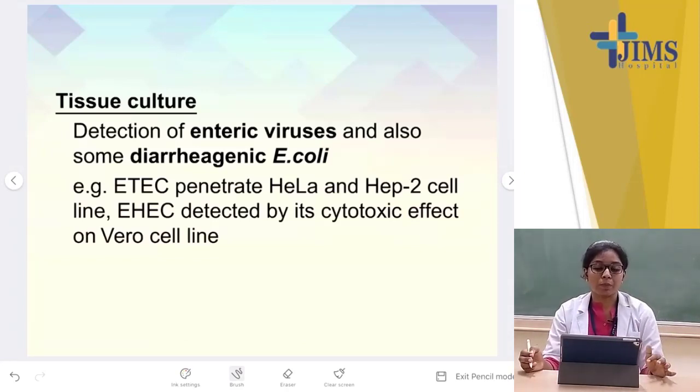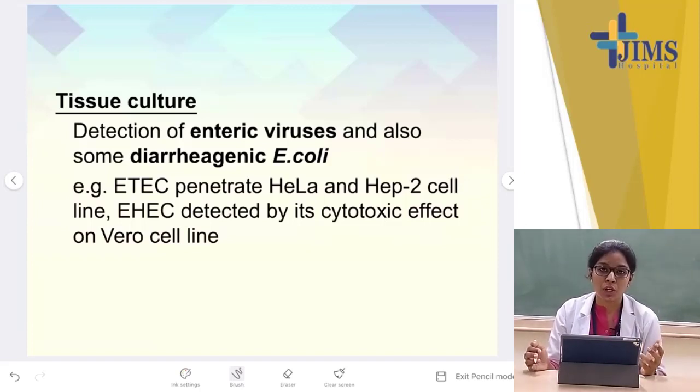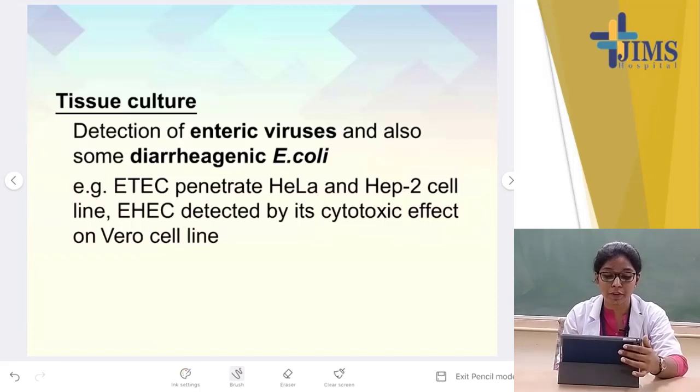Next is tissue culture. I have already said E. coli is a normal flora that you find in stool, but I am also talking about E. coli, certain species of which are etiological agents of watery diarrhea. So how do you identify them? Already I have said you can do a serological test in that. Apart from that, you can also perform tissue culture, which will help you identify the enteric viruses and differentiate them from some of the diarrheagenic E. coli.